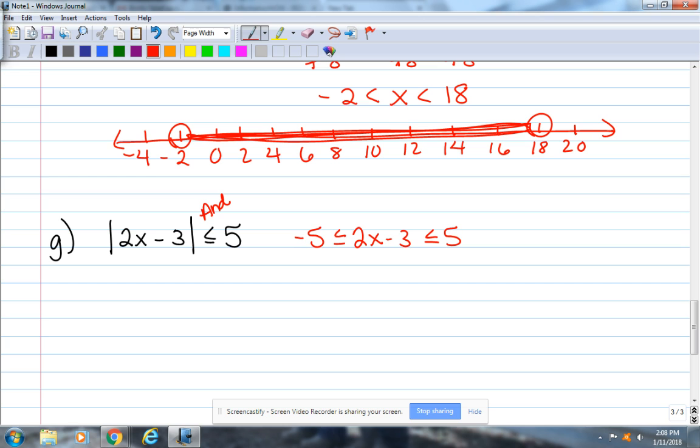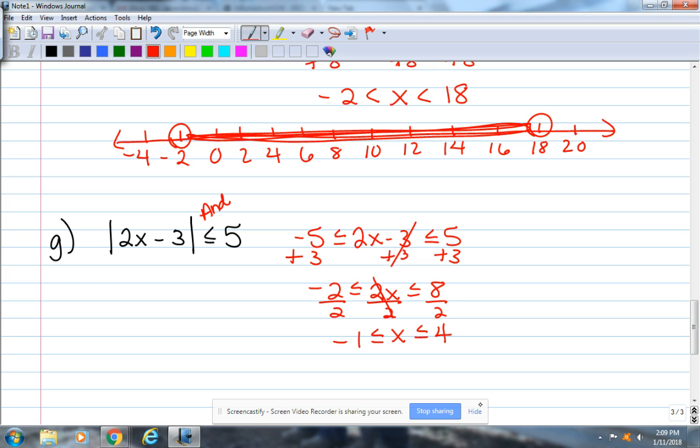And we can solve it all together when we get the x in the middle completely by itself. So we can add 3 everywhere. So I'm getting -2 is less than or equal to 2x is less than or equal to 8. Divide by 2 everywhere. And then I'm getting -1 is less than or equal to x is less than or equal to 4.